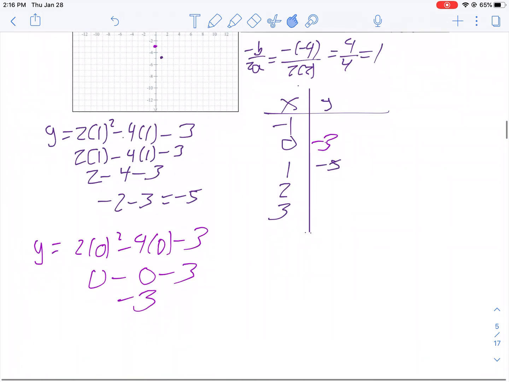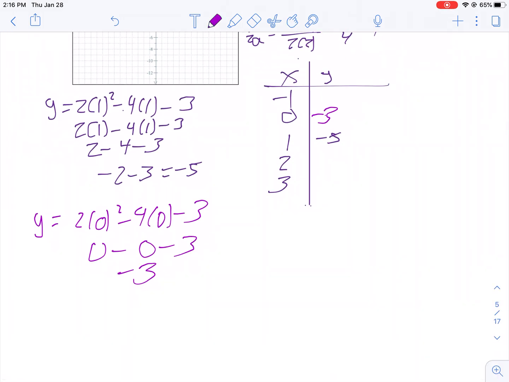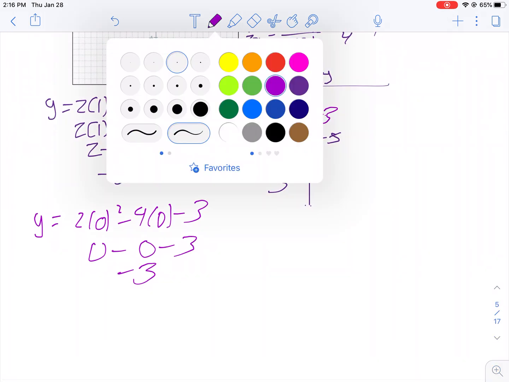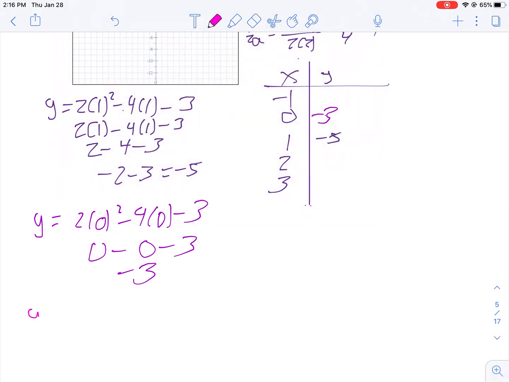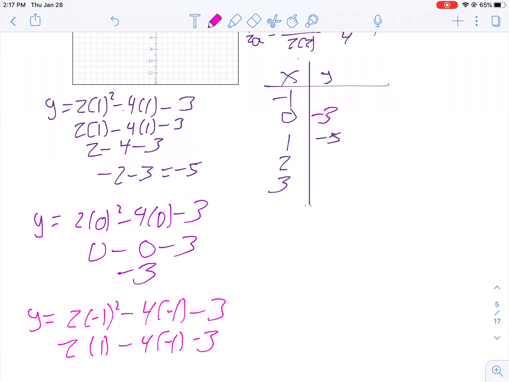Then let's do negative 1. I'll go y equals 2 times negative 1 squared minus 4 times negative 1 minus 3. Well, negative 1 squared is positive 1. Minus 4 times negative 1 minus 3.